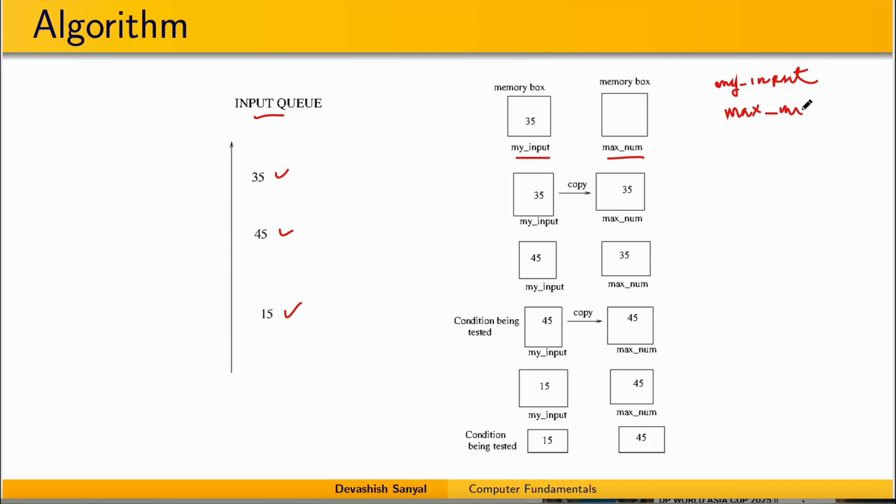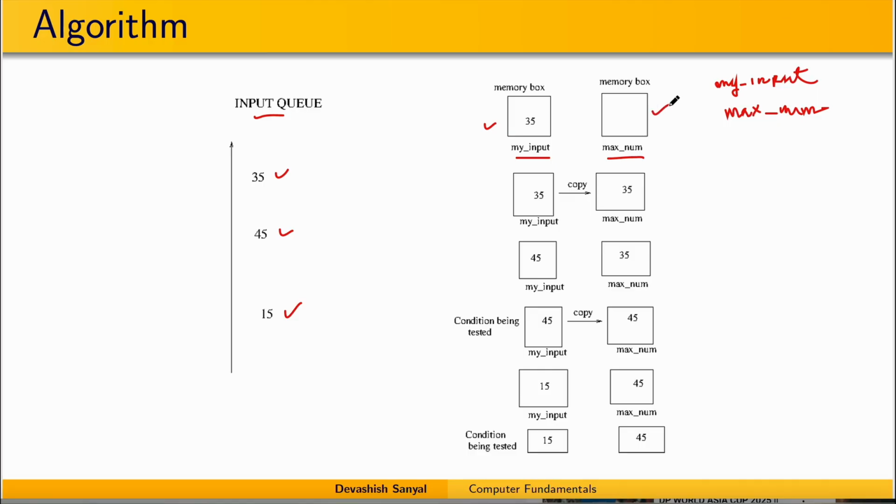The name itself signifies what I am going to do with this memory. So the computer will have memory where things will be stored. When the first input comes, it is stored in my_input as 35. Now this box is empty, right?